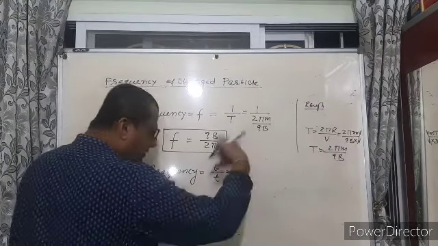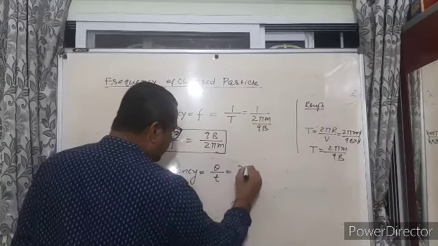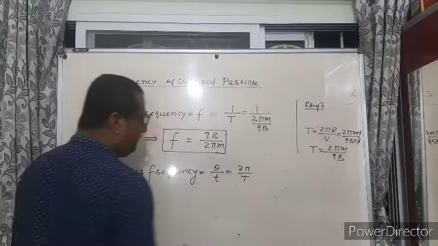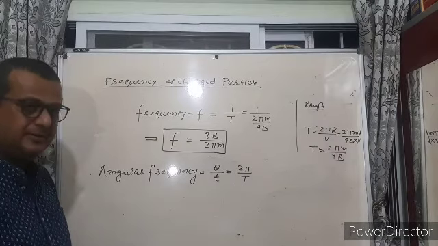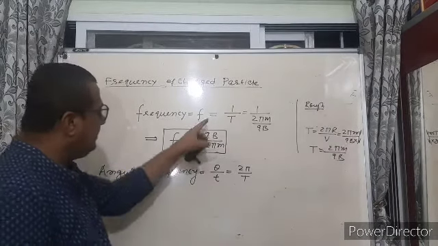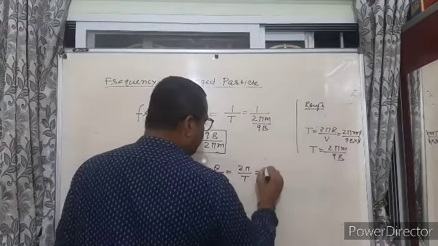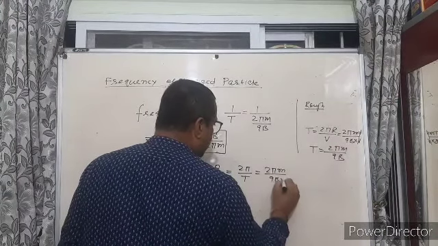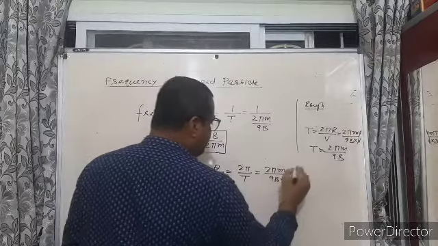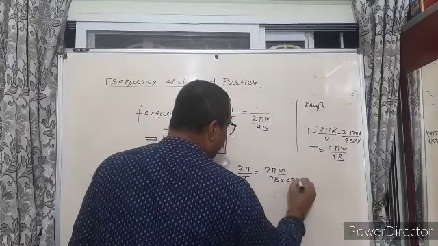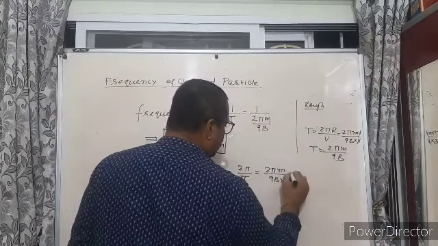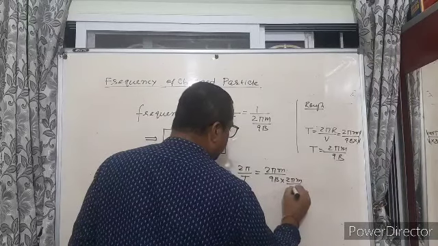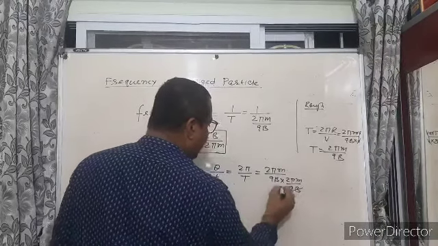Theta is once 2 pi, then it is called time period, 2 pi by t. Now put the value of t.